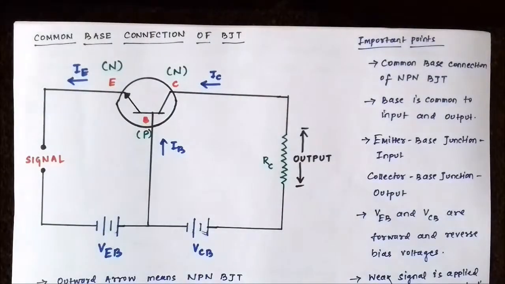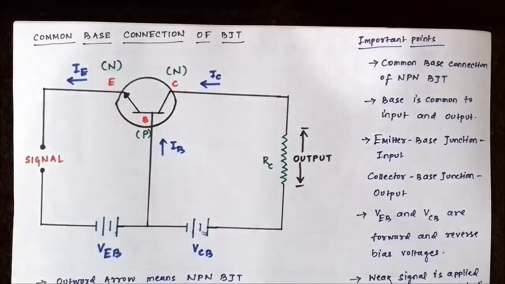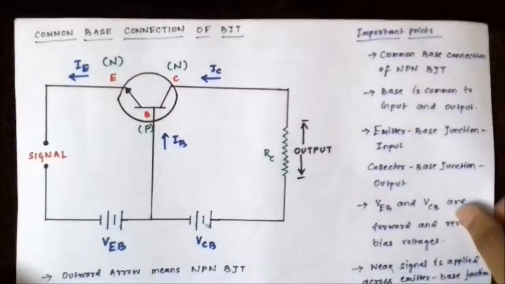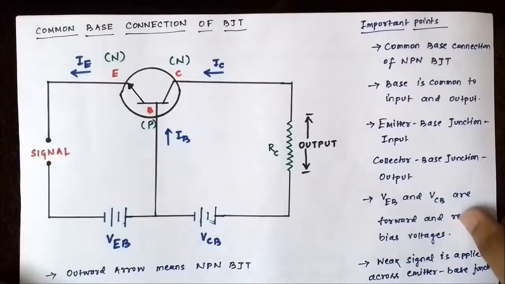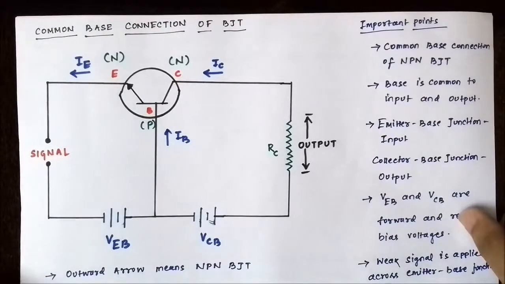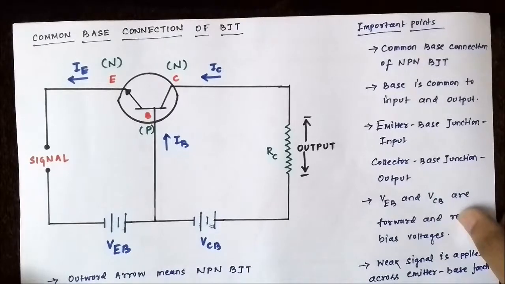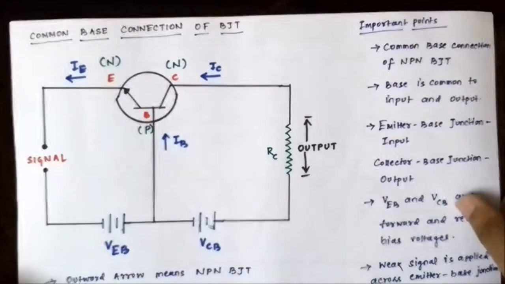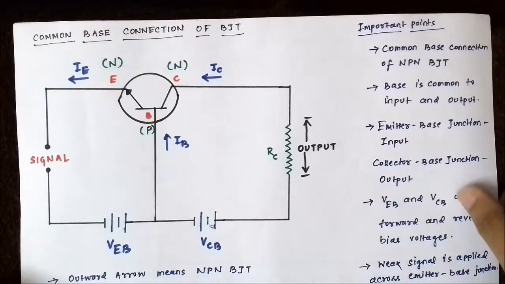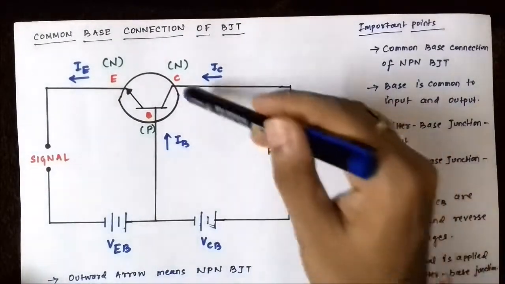Okay, now we know that a bipolar junction transistor in common base mode is connected in the following way. Now the input circuit is the emitter base terminal. So here the input current is IE and the input voltage is VEB, the emitter base voltage, and the output current is IC, the collector current, and the output voltage is VCB.